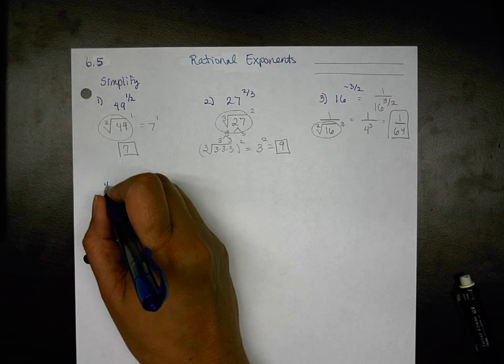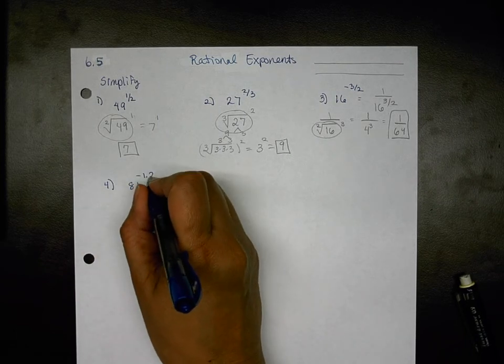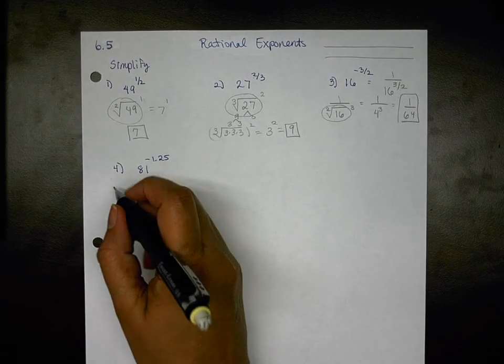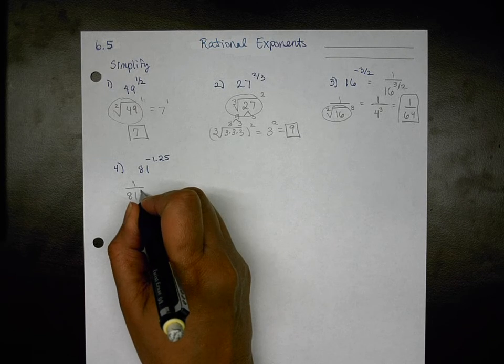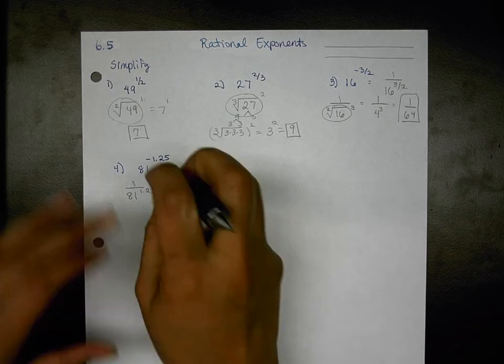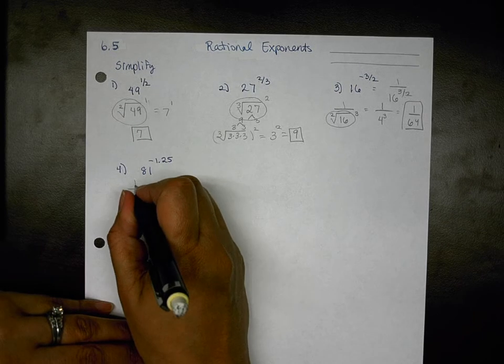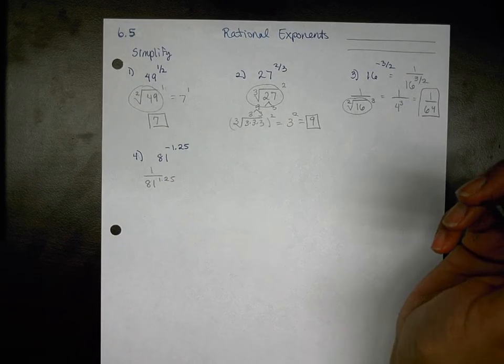That's not the case. Number 4, 81 to negative 1.25, and you will have a few of these on the assignment. So this becomes 1 over 81 to the positive 1.25. Moves to the denominator, 1 over 81 raised to the 1.25.